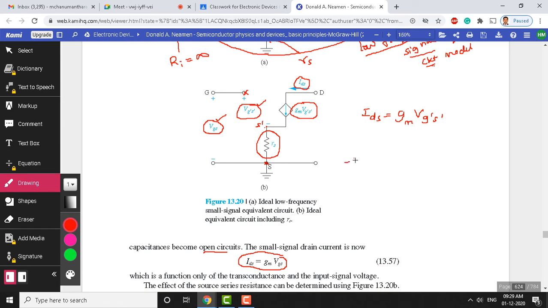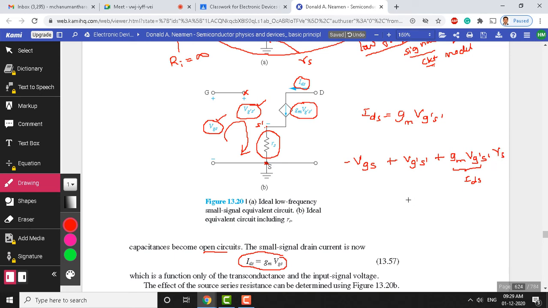So let us say this is minus VGS, I am applying KVL like this, plus V G dash S dash, coming all the way from here to this, plus what is the drop across RS? The RS drop is GM times V G dash S dash, this is the current IDS, times the resistance here, which is RS.